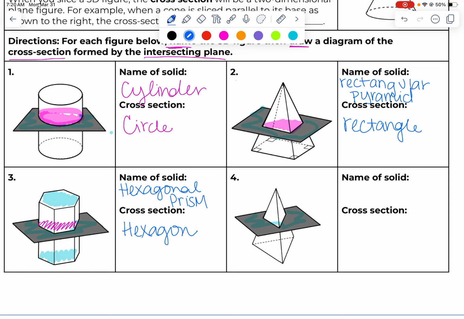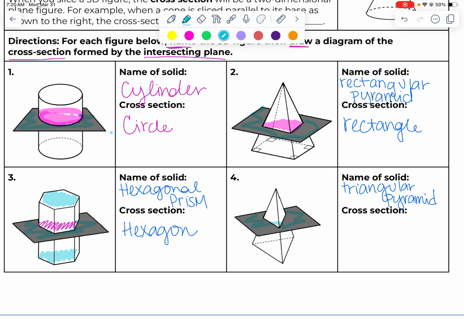All right, number 4, we are looking at a triangular pyramid.